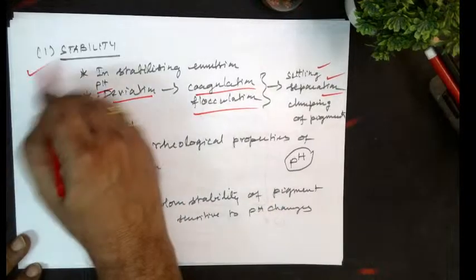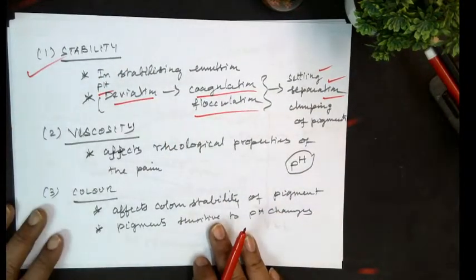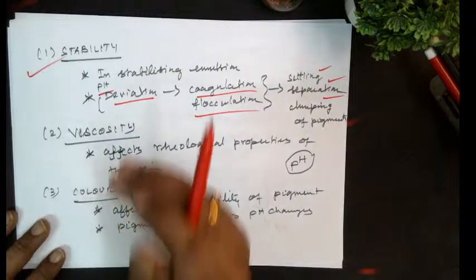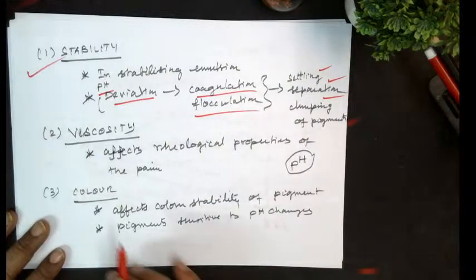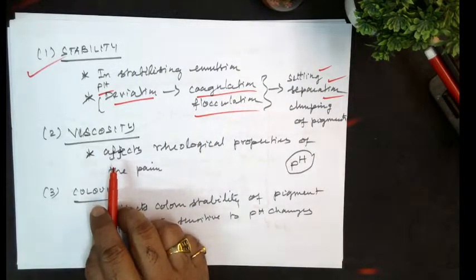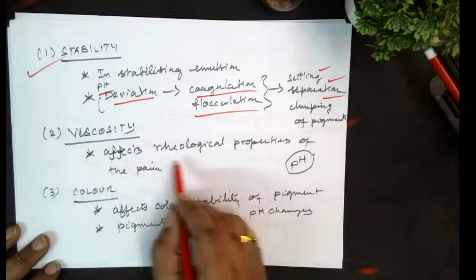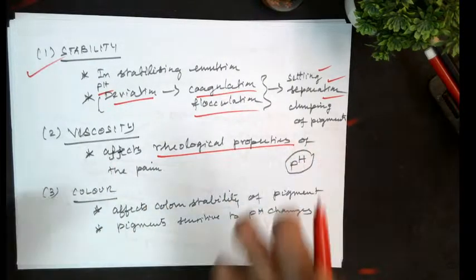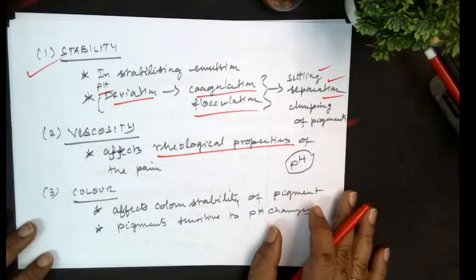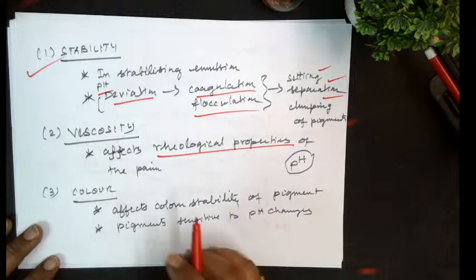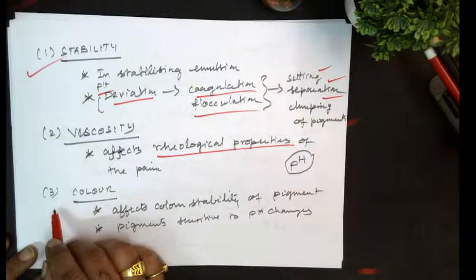Second point, viscosity. Viscosity is nothing but how easily the liquid flows. When the pH is disturbed, it affects the rheological properties. That is, it will lead to changes in thixotropicity, settling tendency, gelation, etc. Then color is affected.